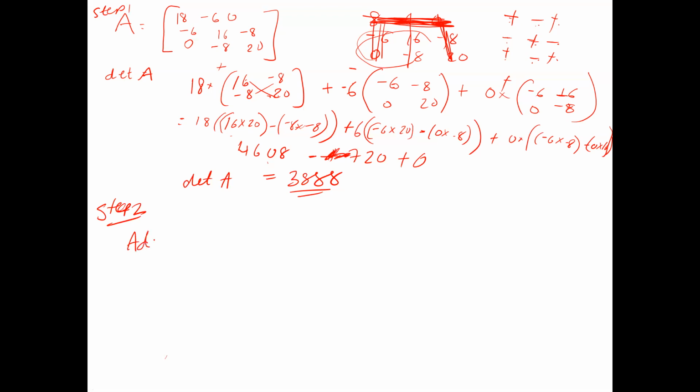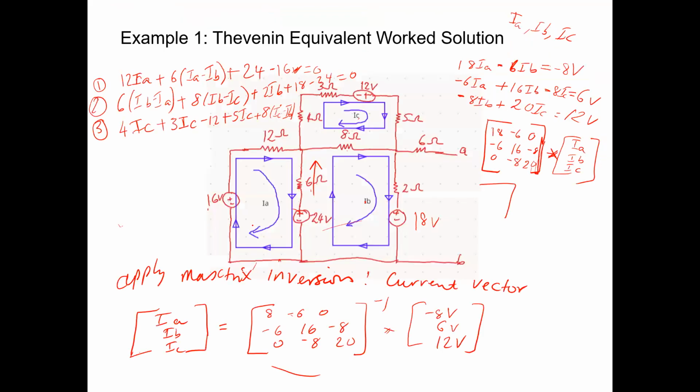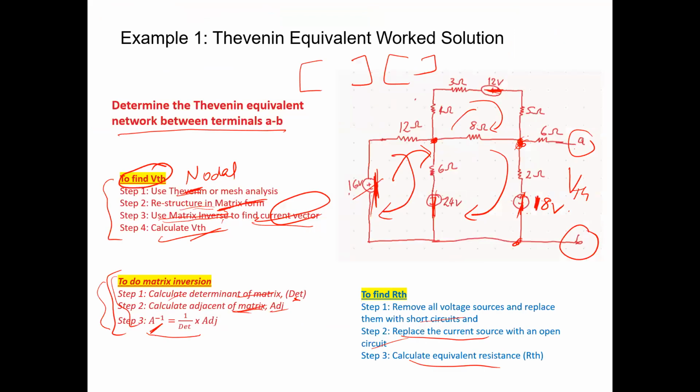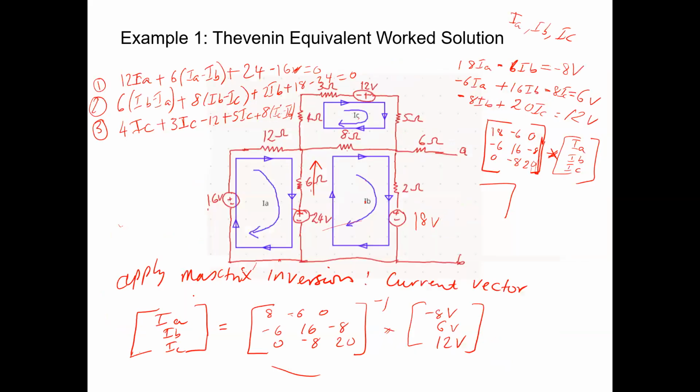I just need to put adjoint A. So we know that we have already calculated determinant A, and now we need to do the 2 times 2 determinants. Why? Because if you look on here, the formula we are trying to follow is this. We have already calculated the determinant, now we need to calculate this adjoint.